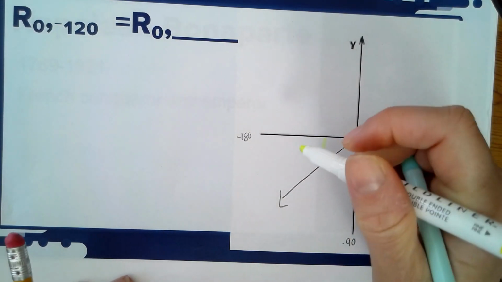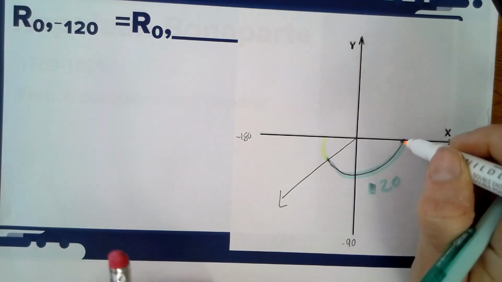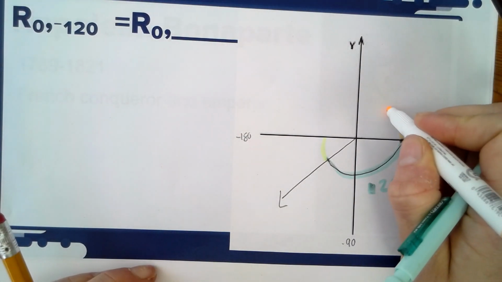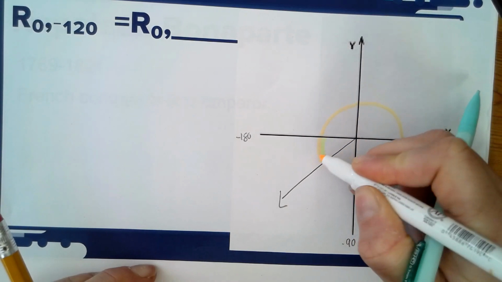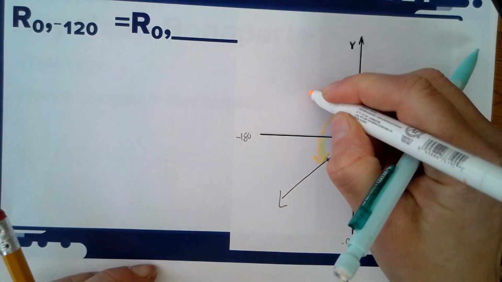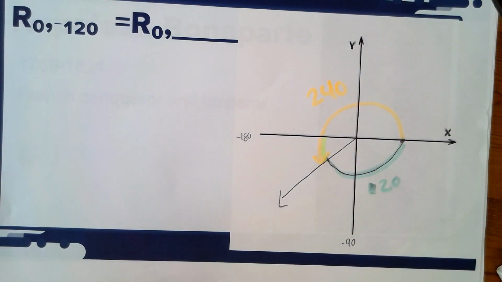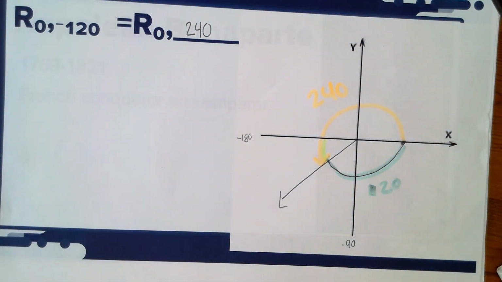That's our 60 right there. So to write that with an angle in the positive direction, we would start from the same spot and go counterclockwise, all the way to 180 plus that extra 60. So that would be a rotation of 240 degrees. And that's a piece of information that we're going to be using a little bit later on in our proof.